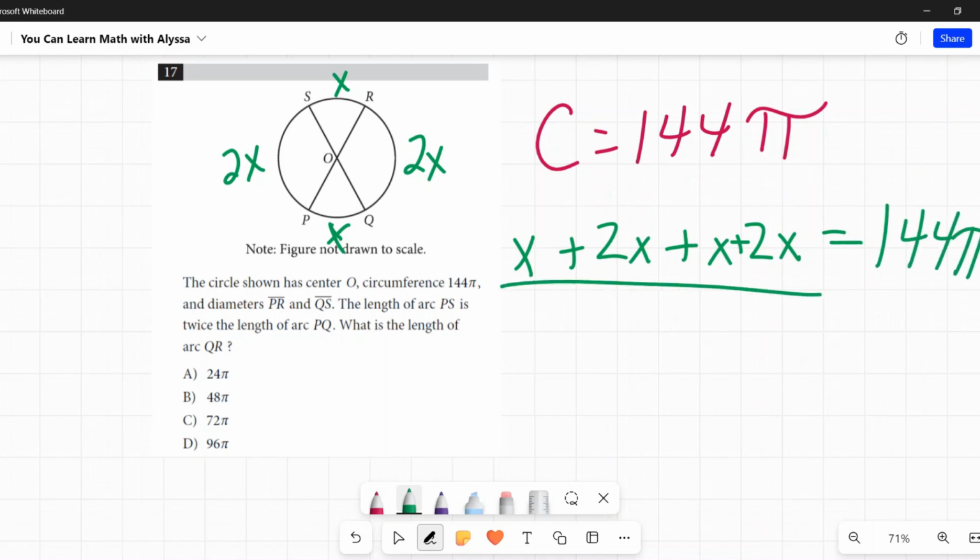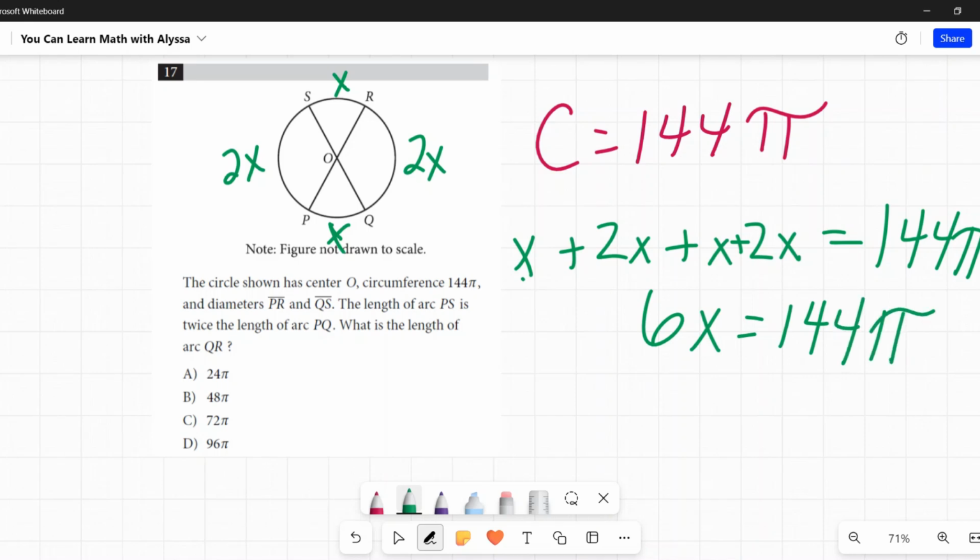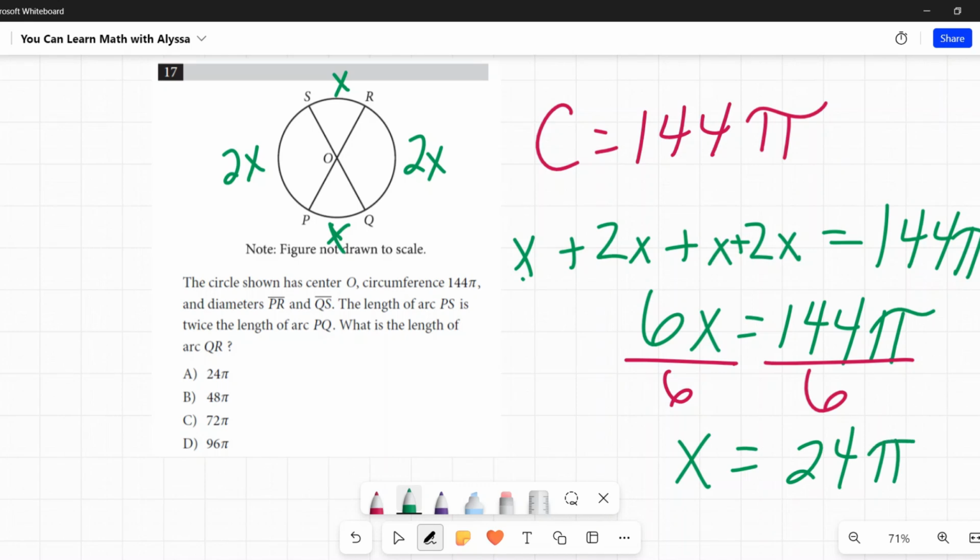If I add those together, that is 6x equal to 144 pi. To solve for x, I need to undo multiplying by 6 by dividing by 6. I'm going to divide both sides by 6, and I get x is equal to 24 pi.